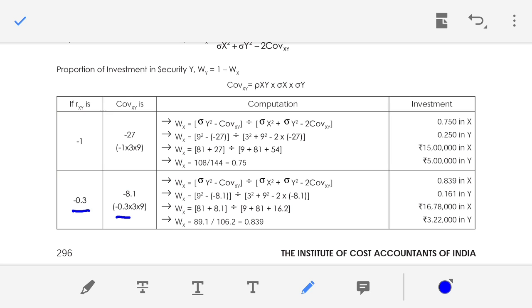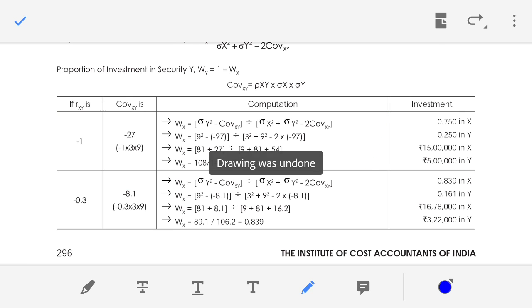To get the standard deviation, we apply square root to variance; since we have standard deviation, we apply square to get variance. So 9 square minus covariance of XY, minus 8.1, divided by 3 square plus 9 square minus 2 into covariance of XY.